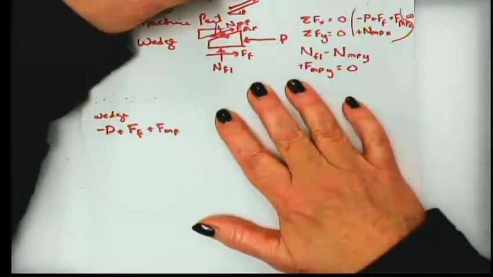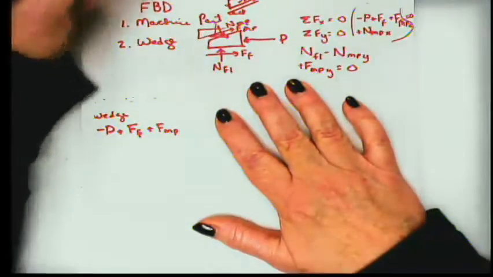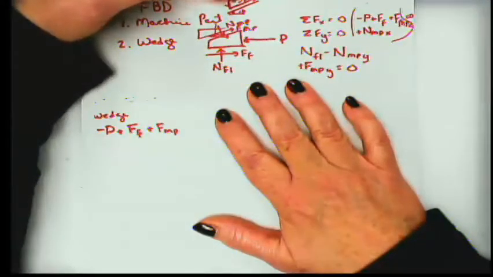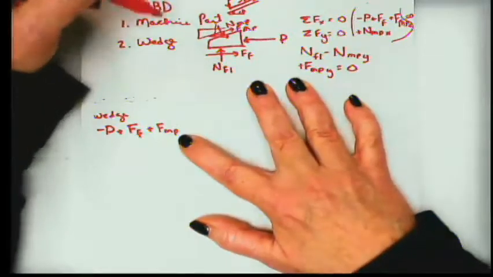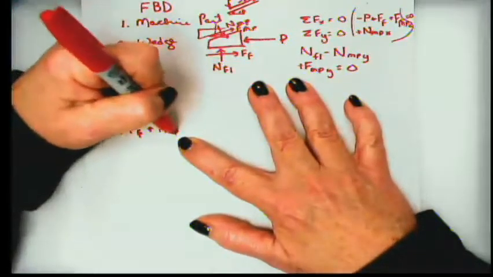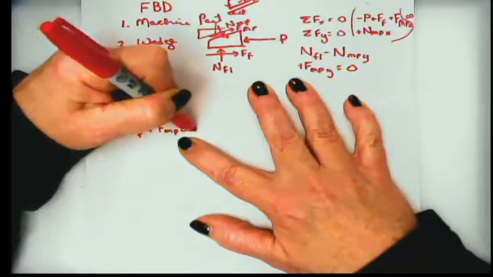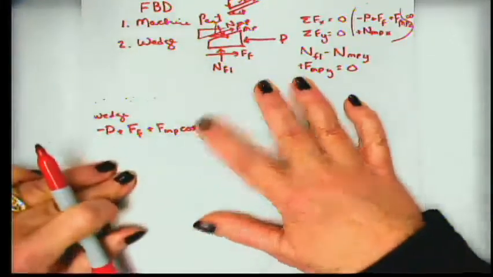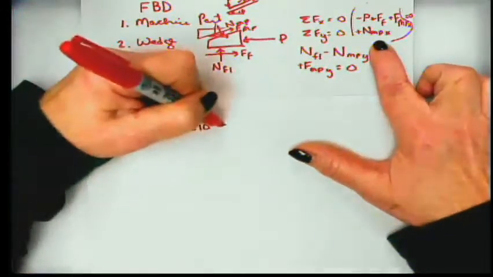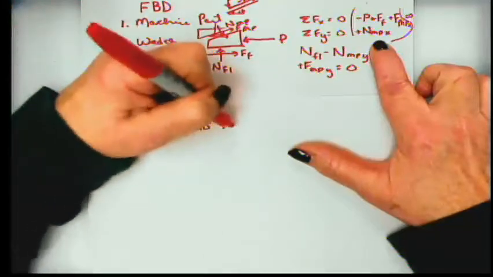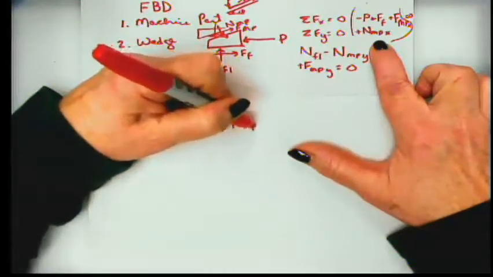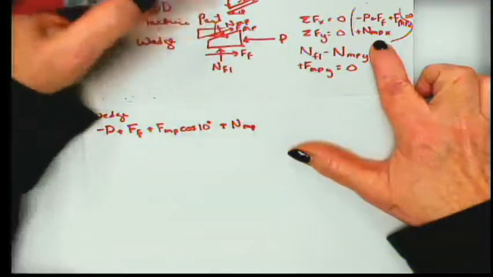And so if I resolve that into y and x components, if this angle is 10, alternating interior tells me that this is 10 as well. And so the force in the x direction is going to be that times the cosine of 10 degrees plus the normal component from the machine part in the x direction.